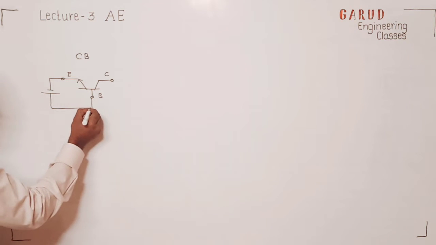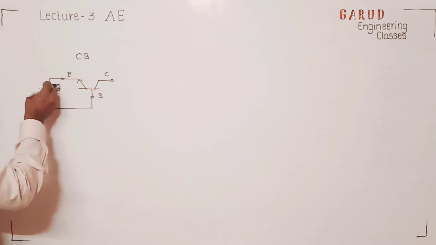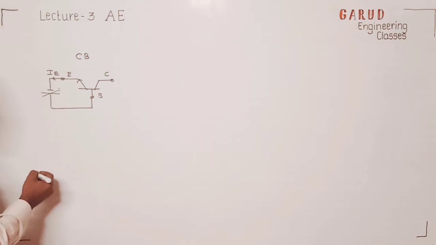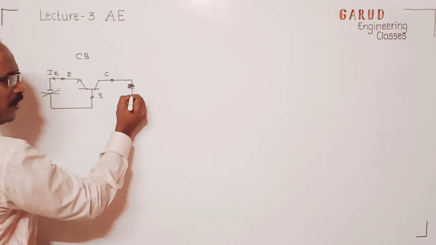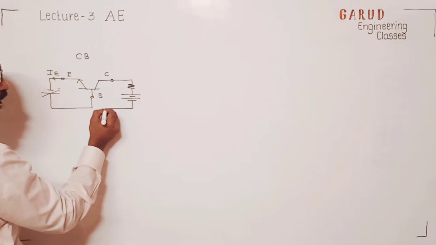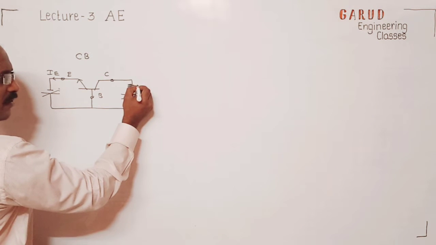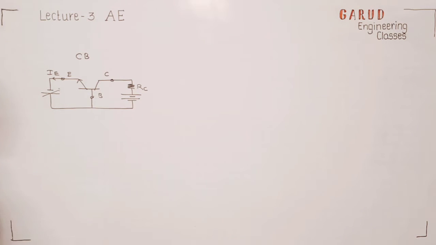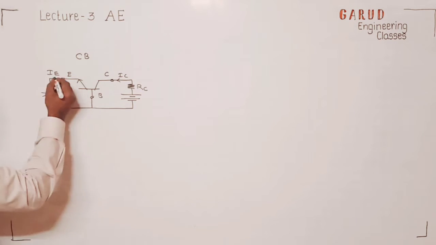This is variable, and we are going to vary the input current, which is IE. Here I can connect a resistor, that is your bulb, and a big battery, say a 100 volt battery. This is connected at the collector, so I write RC, and this current is IC.